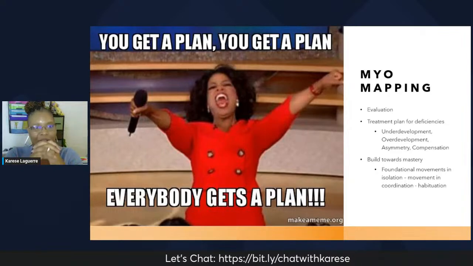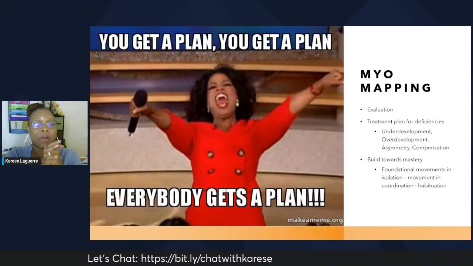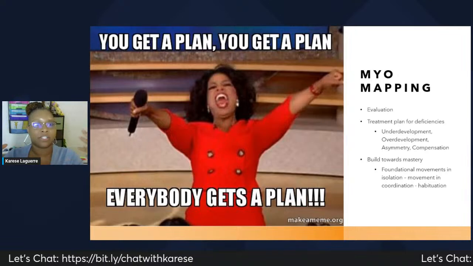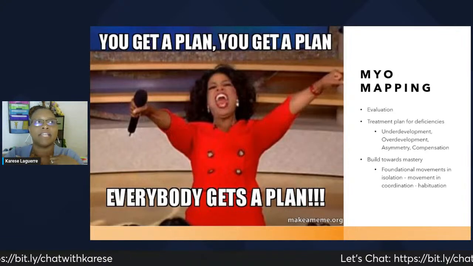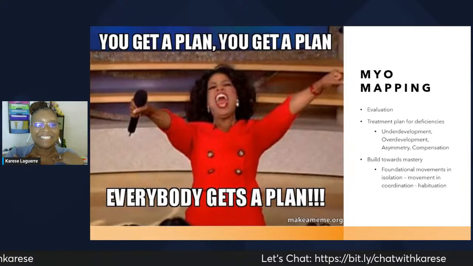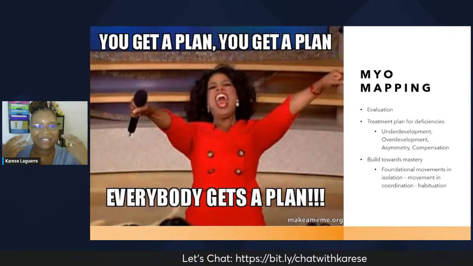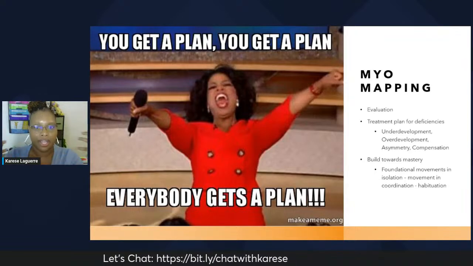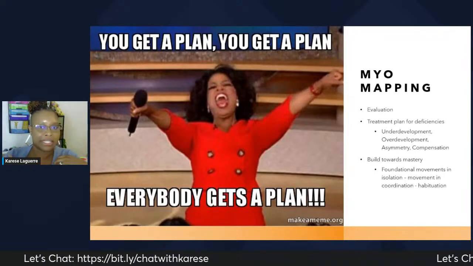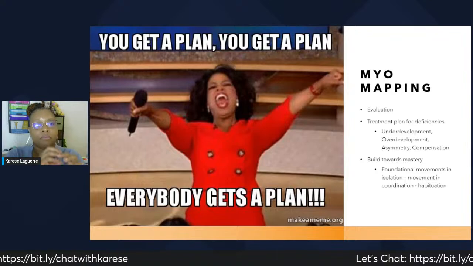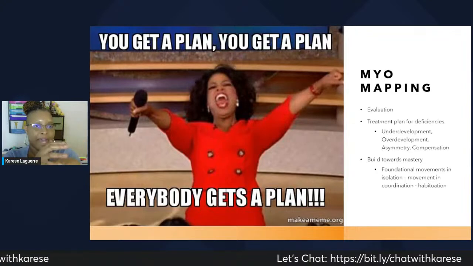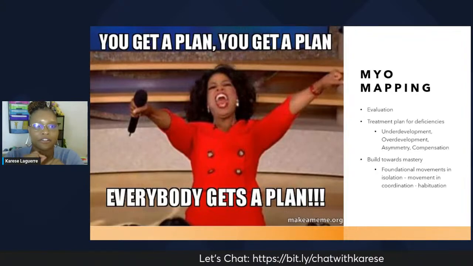Compensation, you're working on coordinating muscles in the appropriate way where we are disassociating. So if you don't want that platysma heavily engaged, you're going to get them to be able to work on engaging muscles while disassociating others. And then you build every week towards mastery. You cross things off your checklist.